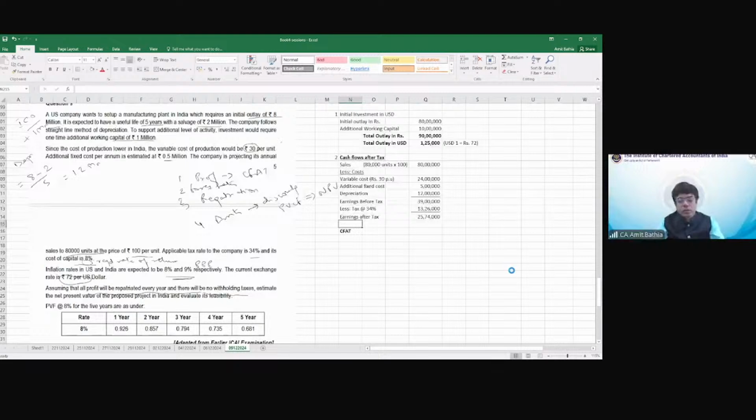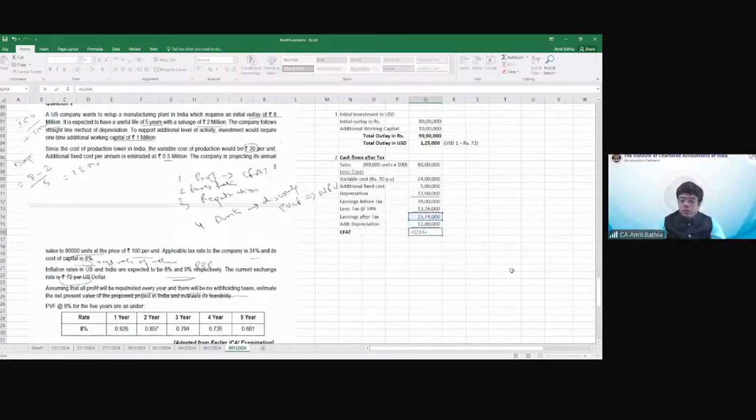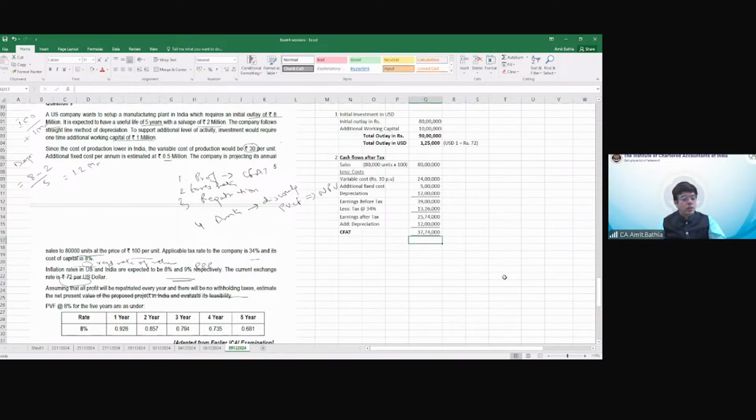Yes. Yes, sir. What do I need to add? Depreciation. Yes, sir. So I get CFAT is 37 lakh 74,000.